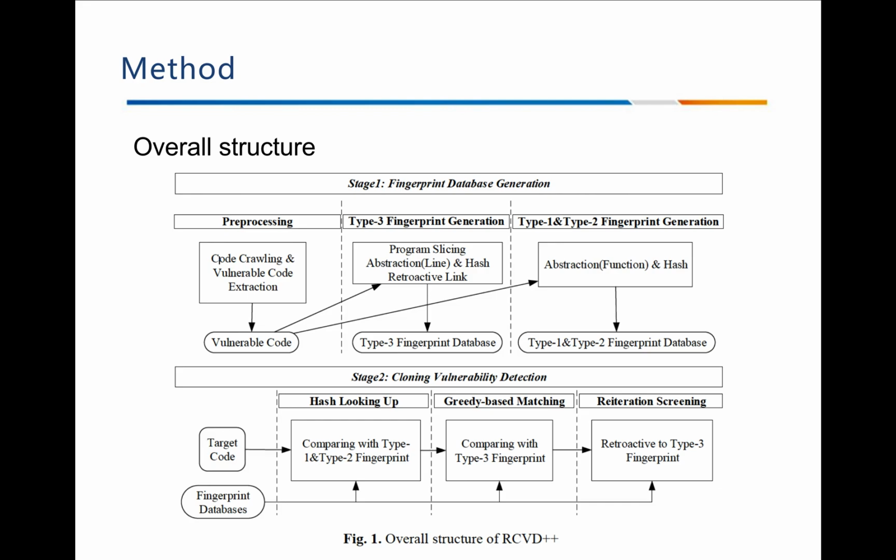It uses code patches and program slicing to obtain code fragments related to vulnerabilities, abstracts the code fragments into precise fingerprints with semantic-preserving function abstraction, and retroactively screens the detection result to reduce false alarms. There are two stages in RCVD++ as shown in Figure 1: fingerprint database generation and code clone vulnerability detection.